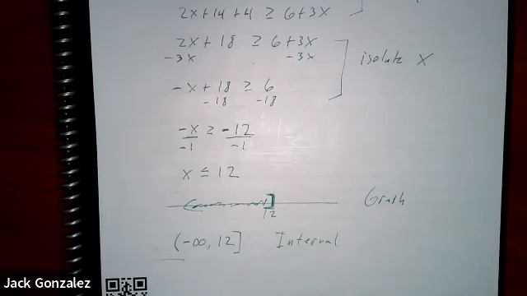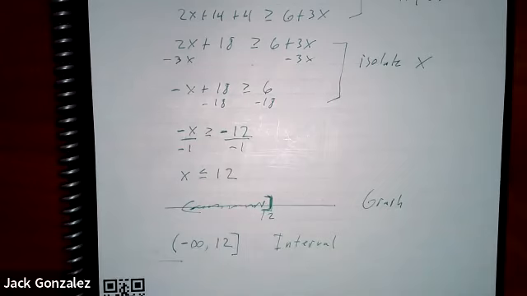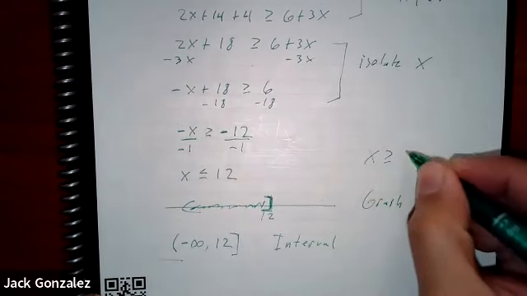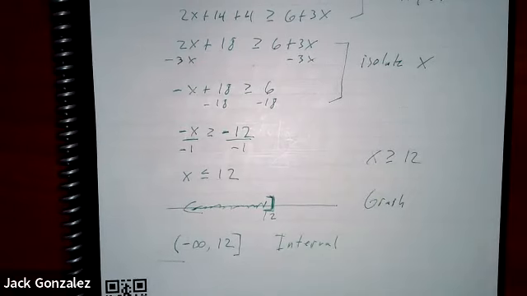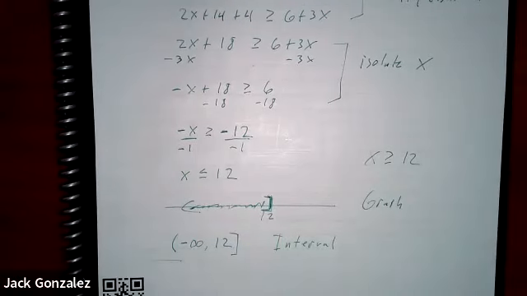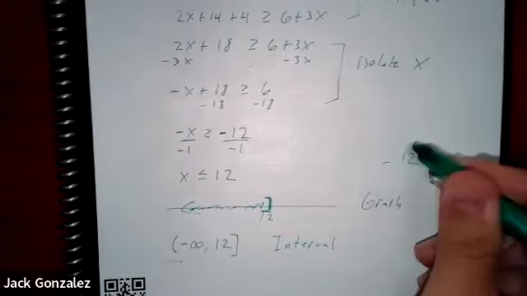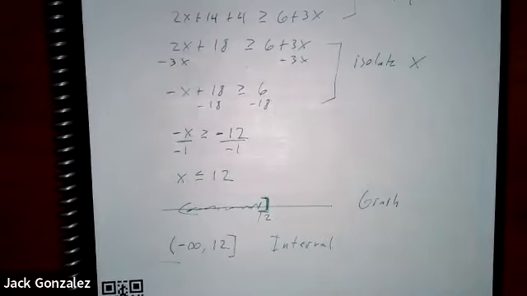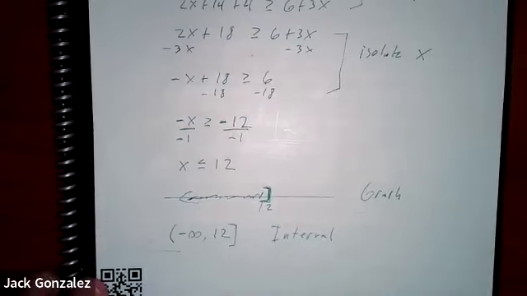If it was x greater than 12, you'd have 12 bracket infinity. You just flip this around the other way. Okay. Let's go to the next one.